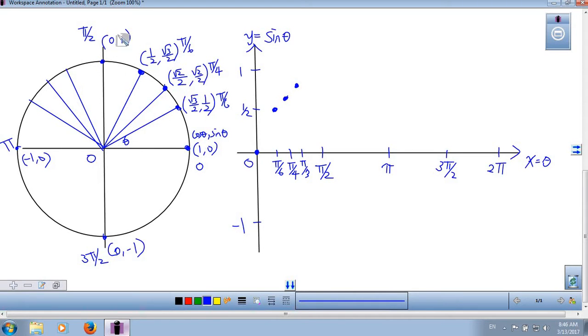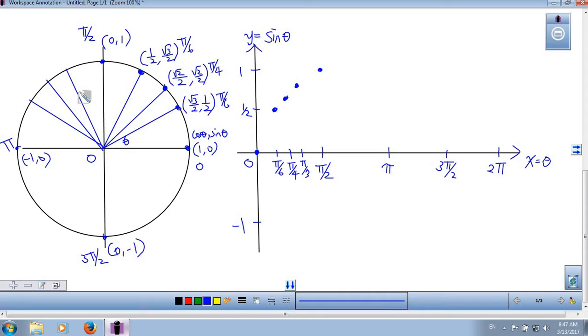Remember, for sine values we look at the second coordinate. The sine value becomes 1, so it becomes like this. As you can see, as theta progresses from 0 to pi over 2, the value of sine gradually goes up like this, not in a linear format, but as a curve, in a curvature format.